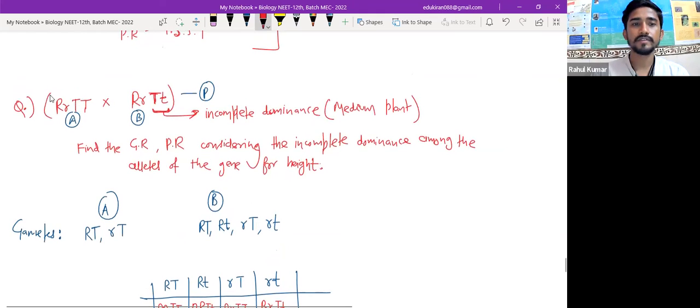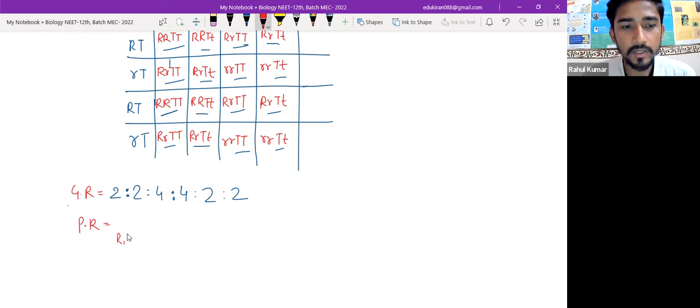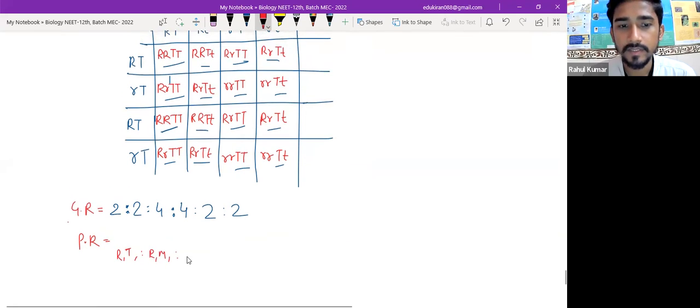What about the phenotypic ratio? What are the possibilities? This was round and tall, but for phenotype, you have to consider the medium plant also now. So what are the different phenotypes possible? First tell me. Round and tall is possible. Round and medium is possible. Yes, sir. And what else?